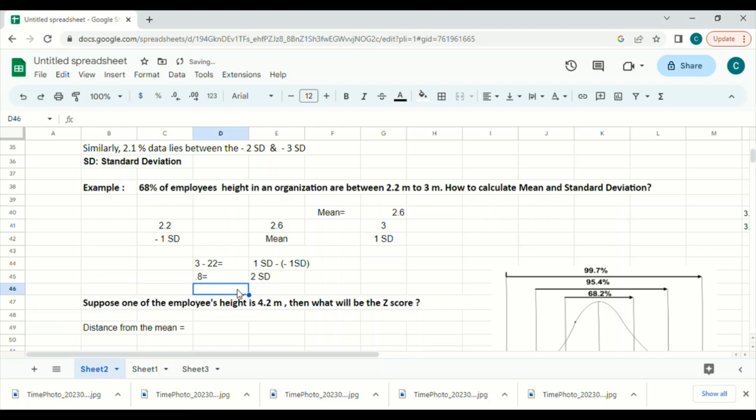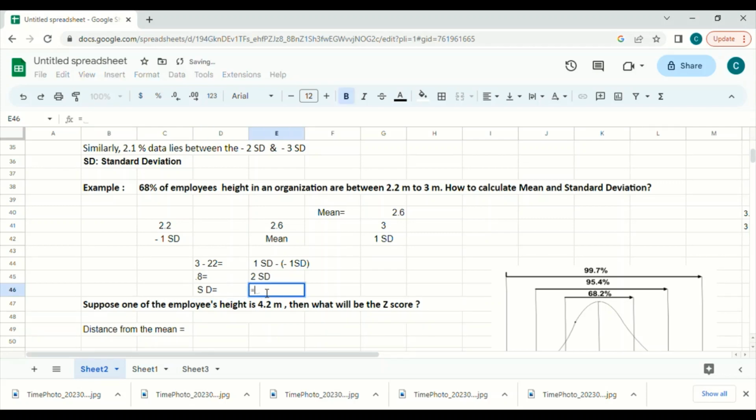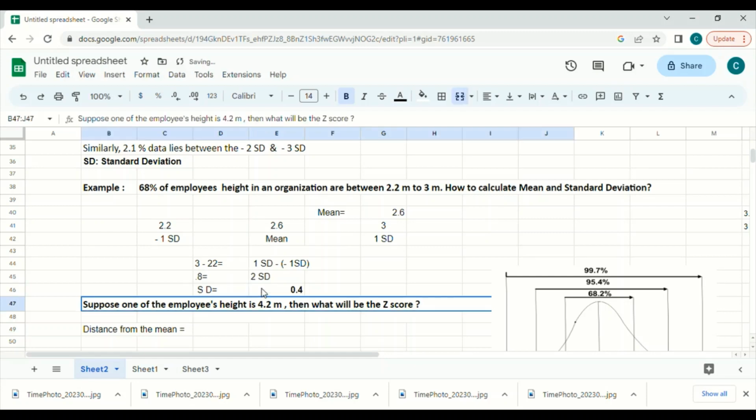Therefore, standard deviation will be equal to 0.8 meter divided by 2, which will be equal to 0.4 meter. Therefore, we have got that standard deviation equals 0.4 meter.